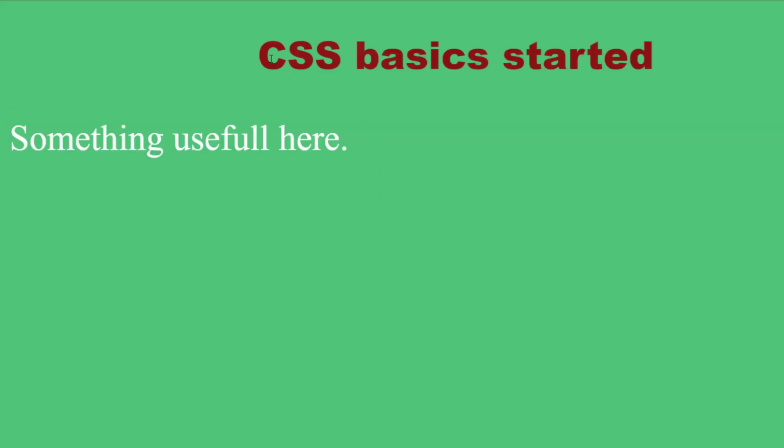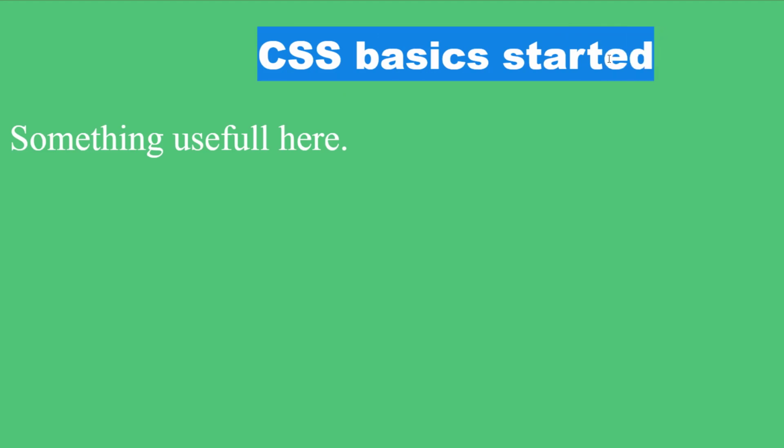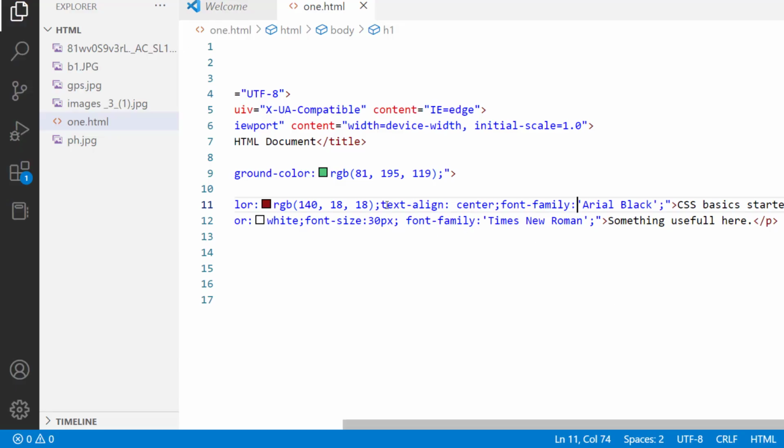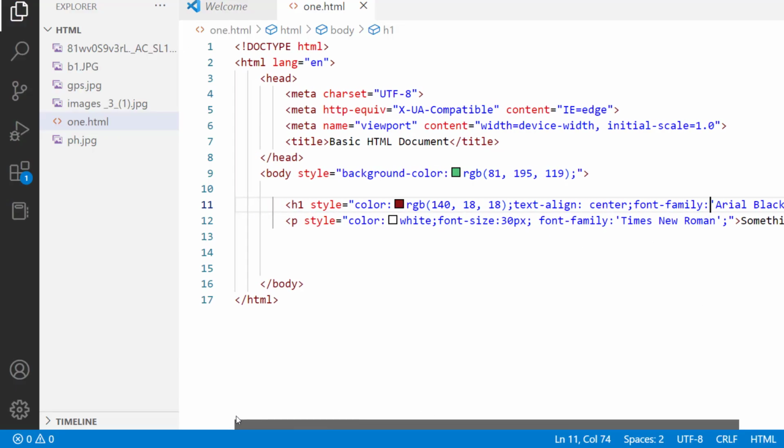Yeah, you can see here we have a different style of font, right? So this way you can put your CSS inline, means with the HTML tags like this, right?